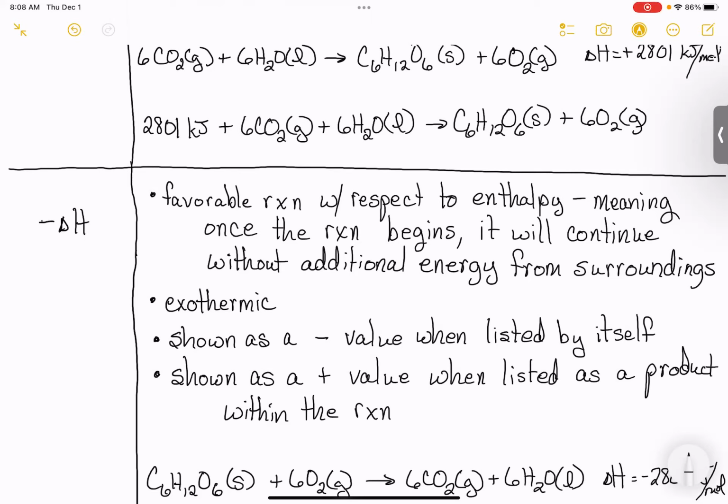Photosynthesis, which is the top reaction, is not a favorable process. It requires sun to keep it going. It requires energy from outside sources to keep it going.